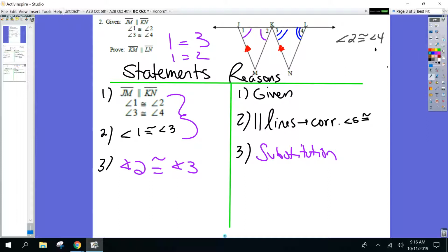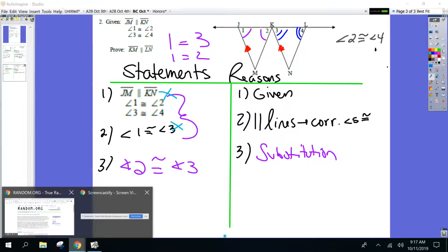Once you use them, do not use them again. Now how many congruent quantities do I have left? 2. Use them. 3's congruent to 4. 2's congruent to 3.